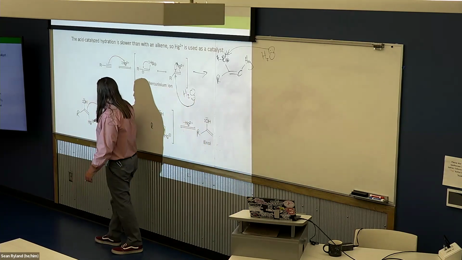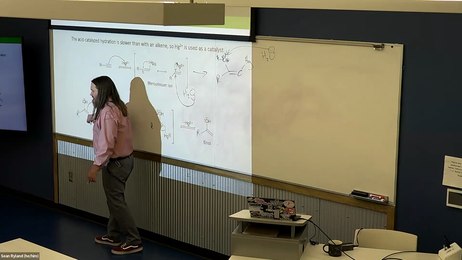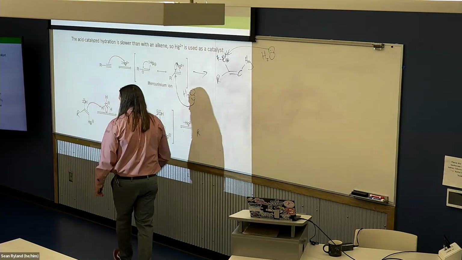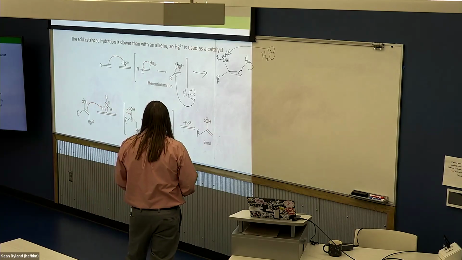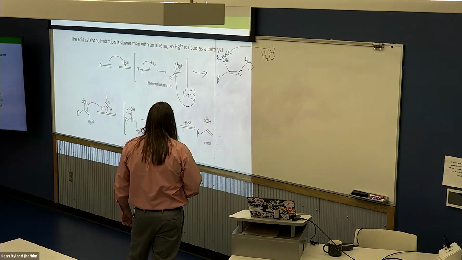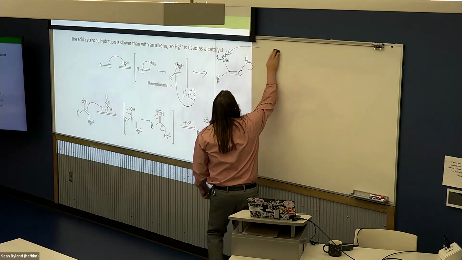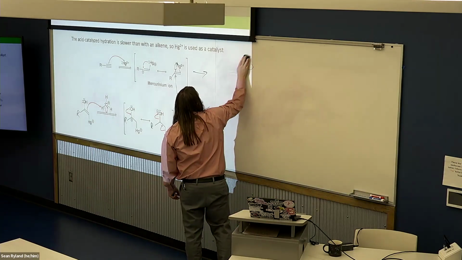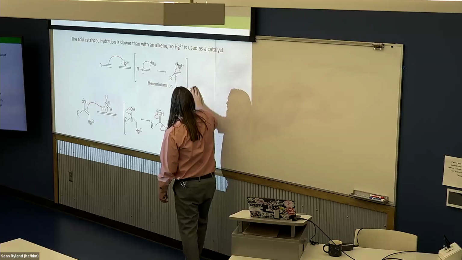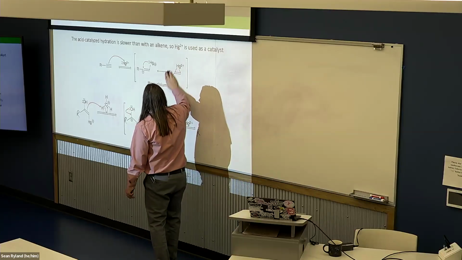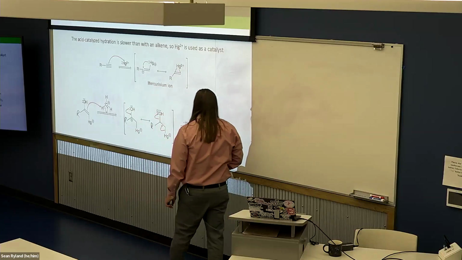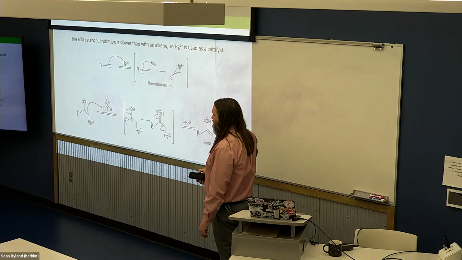You get that it's the same carbon with the mercury. And the thing with these enols is that they're not particularly stable.